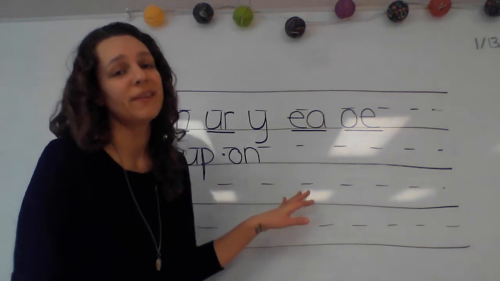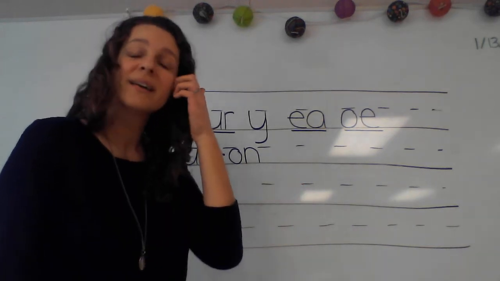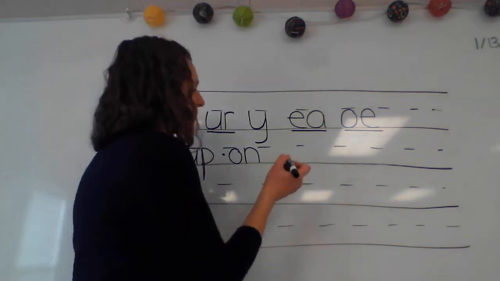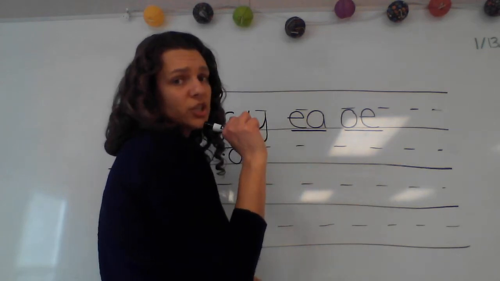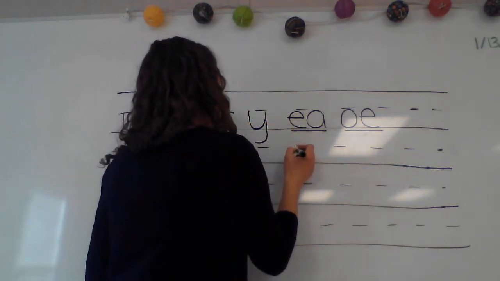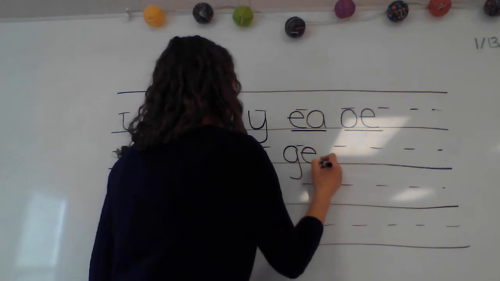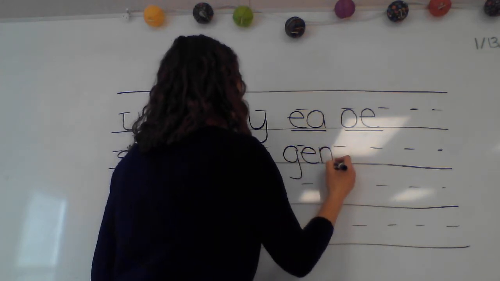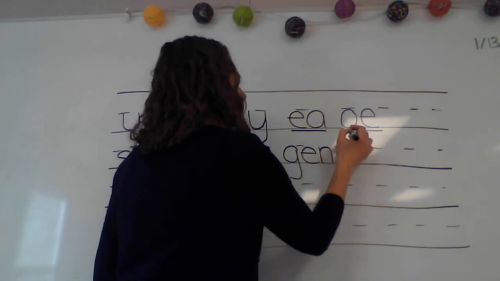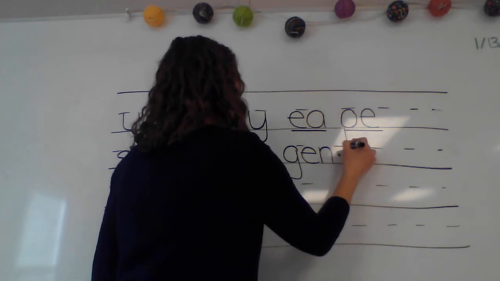All right, class, put your finger under the first phonogram in that word. What is it? Good, the first sound is j, but which j? Good, g, j. Good, e. Good, syllable break. T, o.